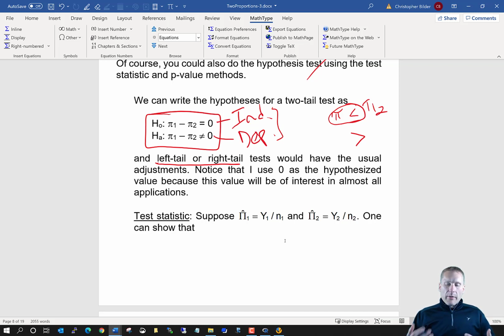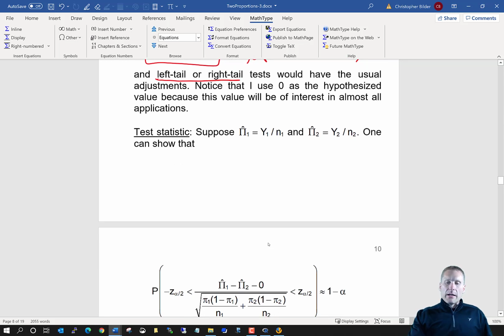In terms of the test statistic itself, think of pi hat 1 as a random variable that varies from one sample to the next, and pi hat 2 as a random variable that varies from one sample to the next.